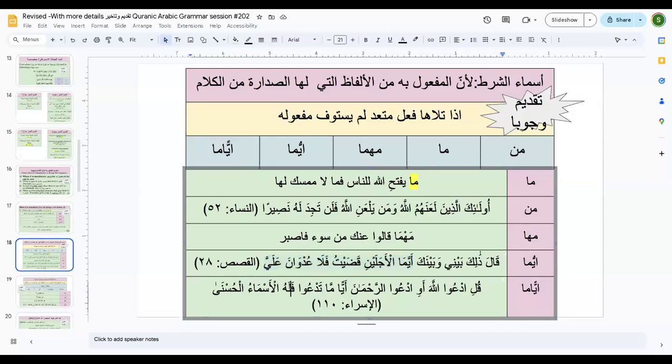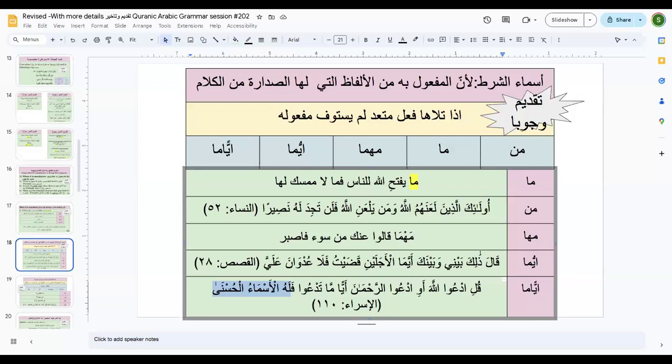In here, lahul asma'ul husna, the mubtada is muakhar. Do you all agree? Is it wajib for the mubtada to be muakhar in this case? Al asma'ul husna. It is not wajib.